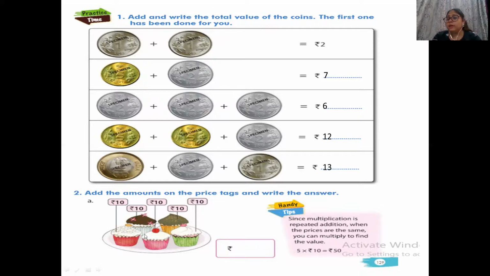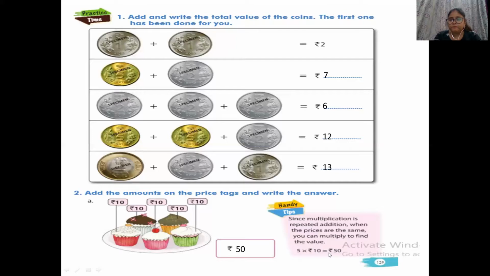We already learned in multiplication. Now how many groups are there? See, 1 2 3 4 5. 5 groups of cupcakes of 10 rupees. So it will be 5 into 10 rupees. Yes, so it will be 50. See, 5 into 10 rupees, it will be 50.